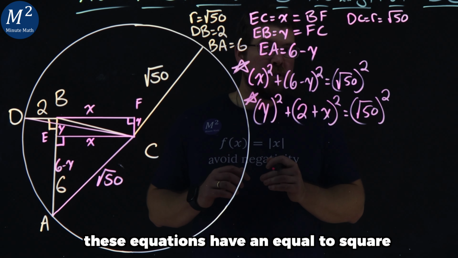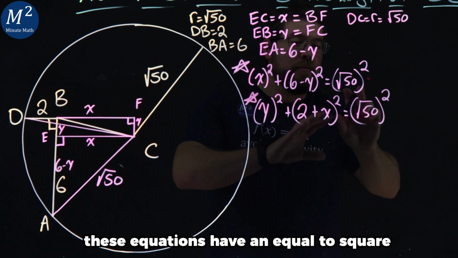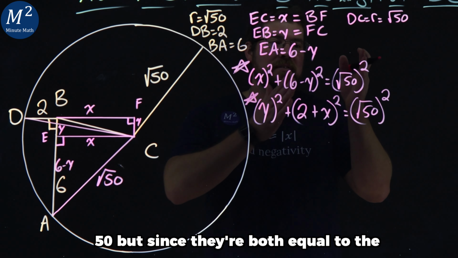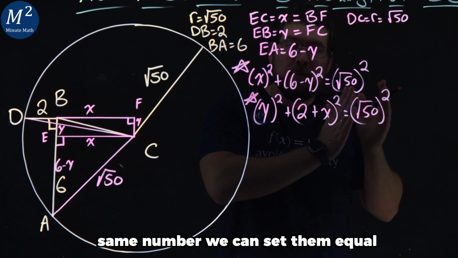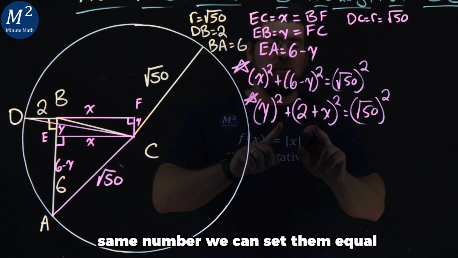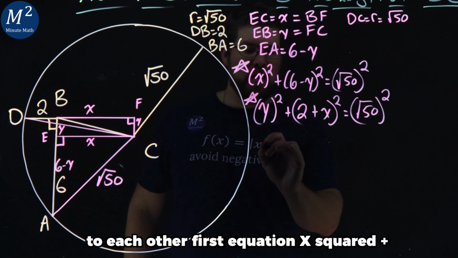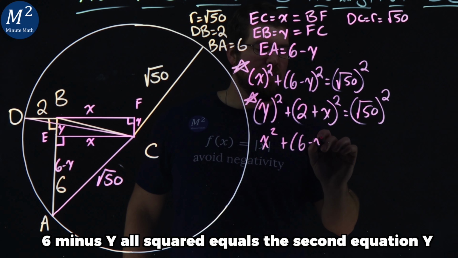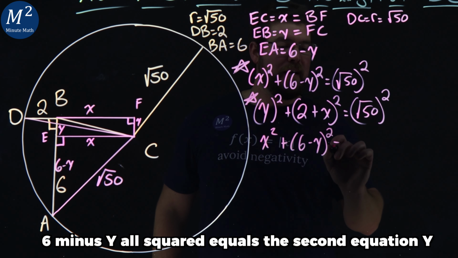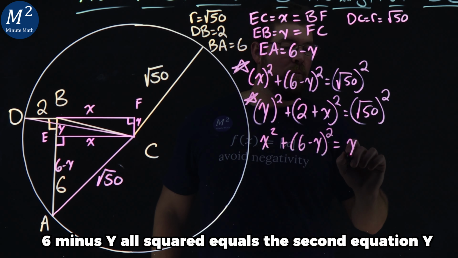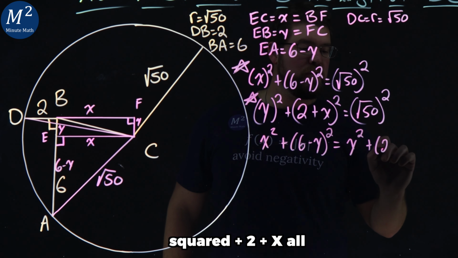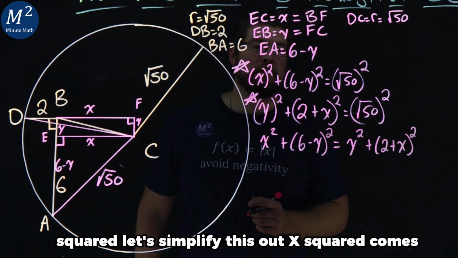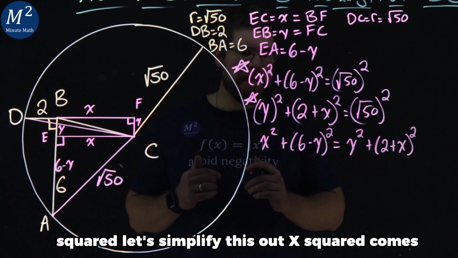Both of these equations are equal to square root of 50 squared, which is just 50. But since they're both equal to the same number, we can set them equal to each other. First equation, x squared plus 6 minus y all squared equals the second equation, y squared plus 2 plus x all squared. Let's simplify this out.